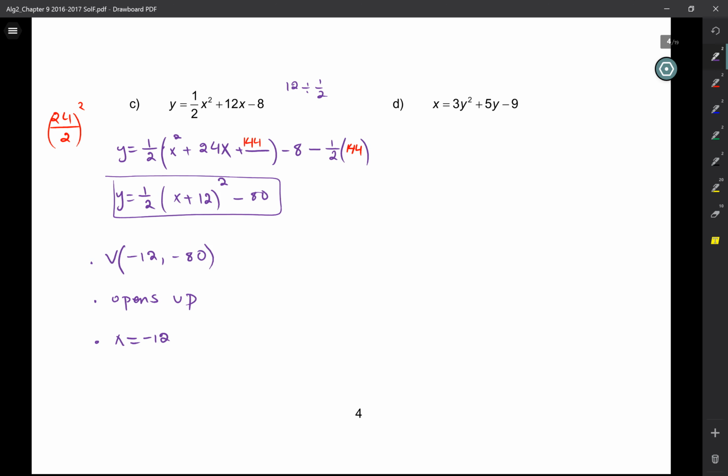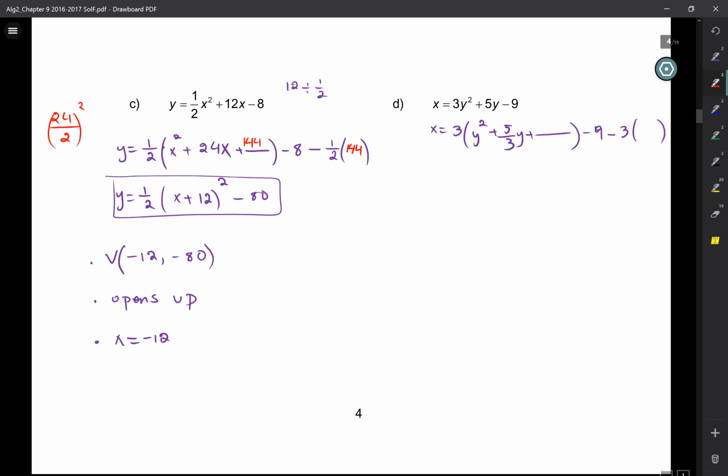One more. So, Zach, x equals 3 times y squared plus 5 over 3 plus a number minus 9. Yes. Minus 9 minus 3 times a number. Okay?